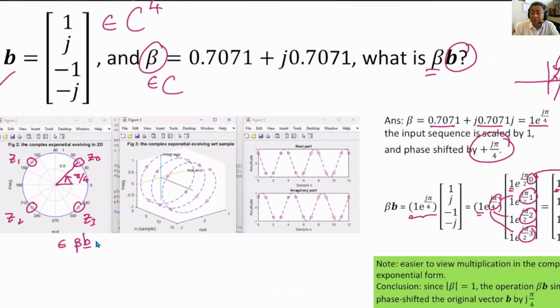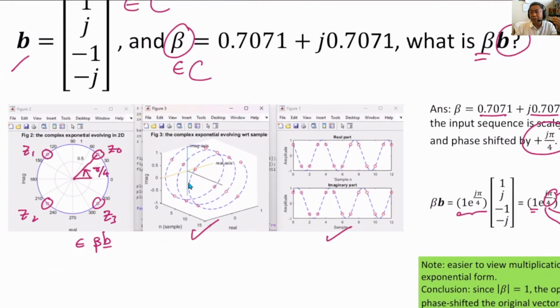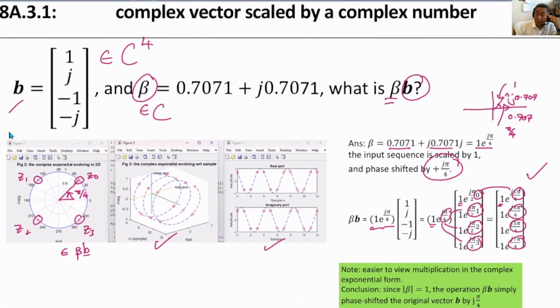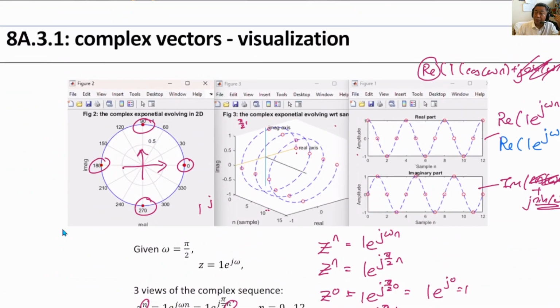That's all, right? And now we again plot in 3D, and we again plot real n versus imaginary, and you can appreciate it. But maybe the way to appreciate this beta times b is in this form. It is to compare with the original 2D. This is the original 2D here.